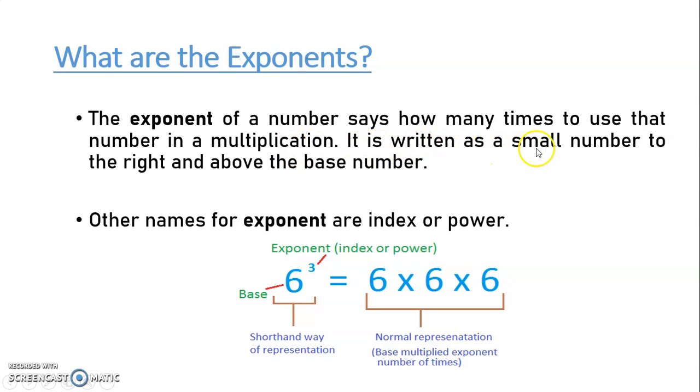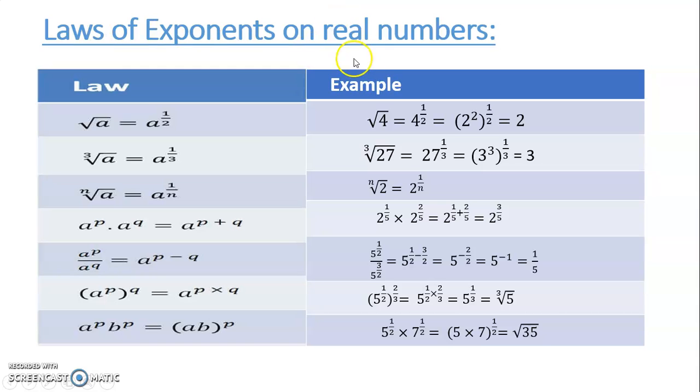It is written as a small number to the right and above the base number. The other names for exponent are index or power. You have already studied exponents, so let's see some of the laws of exponents on the real numbers now.